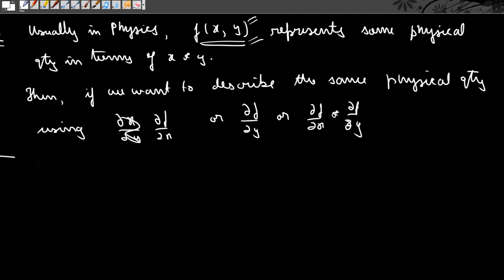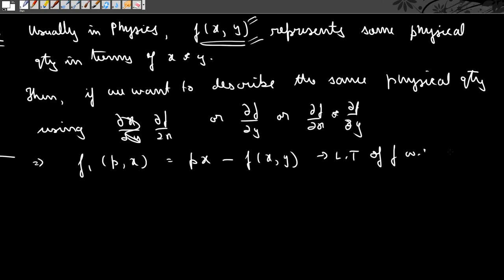So this implies f1 of p comma y, defined by px minus f of x y, which is the Legendre transform of f with respect to x, will also describe the same physical quantity, but now in terms of p and y, where p is ∂f/∂x.